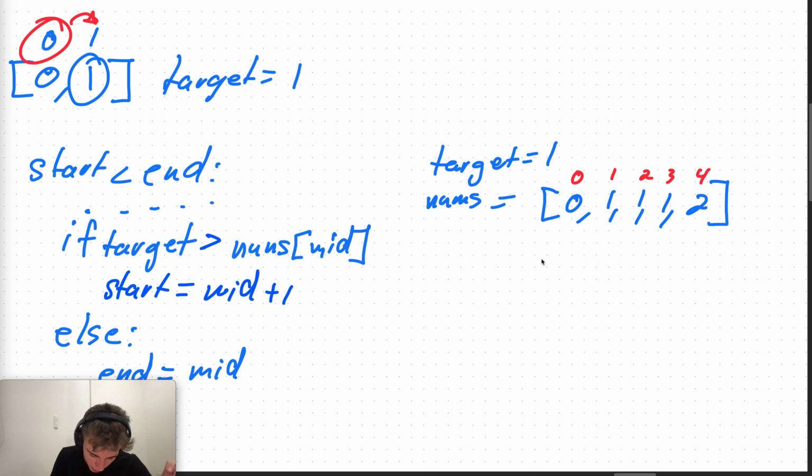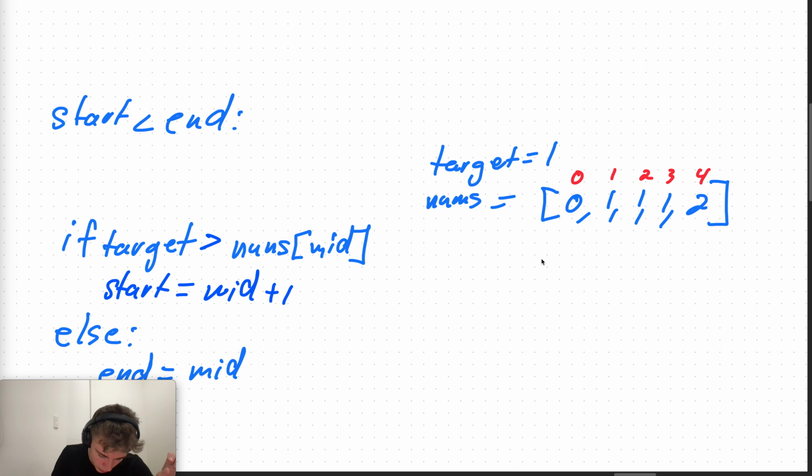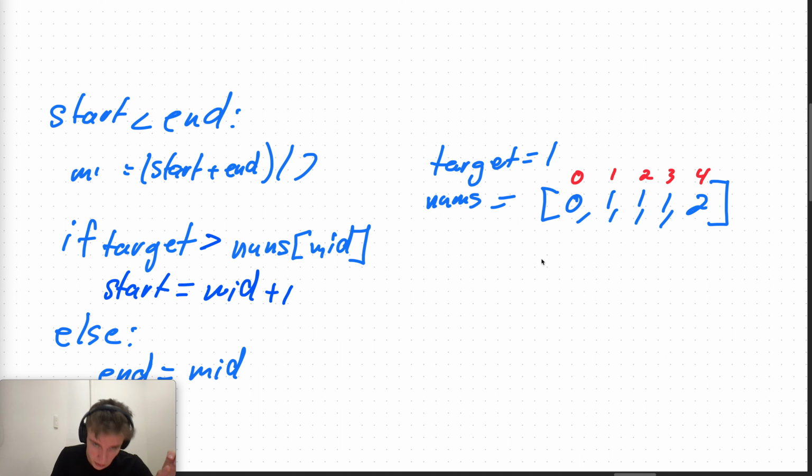And let me write here: end is equal to start. We also want mid. Mid is equal to start plus end divided by 2. So first iteration, we have all of these in scope.